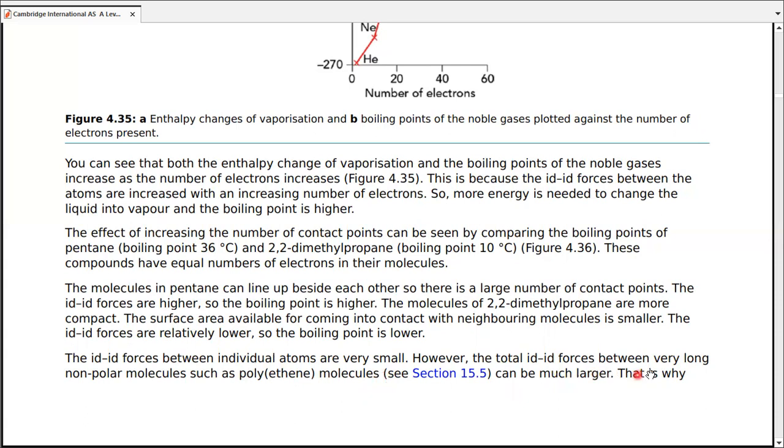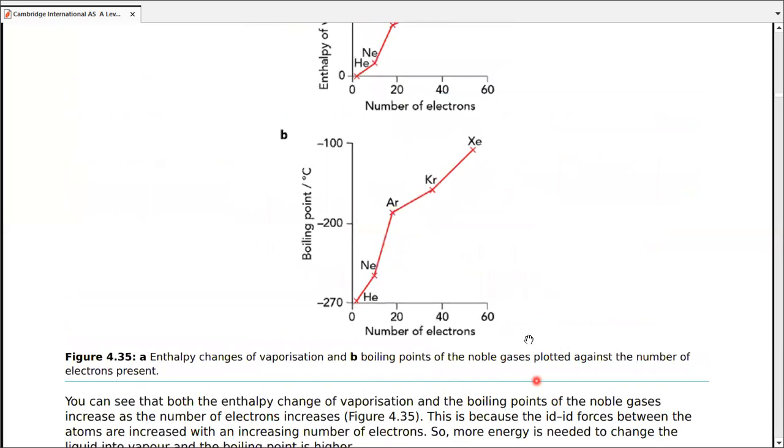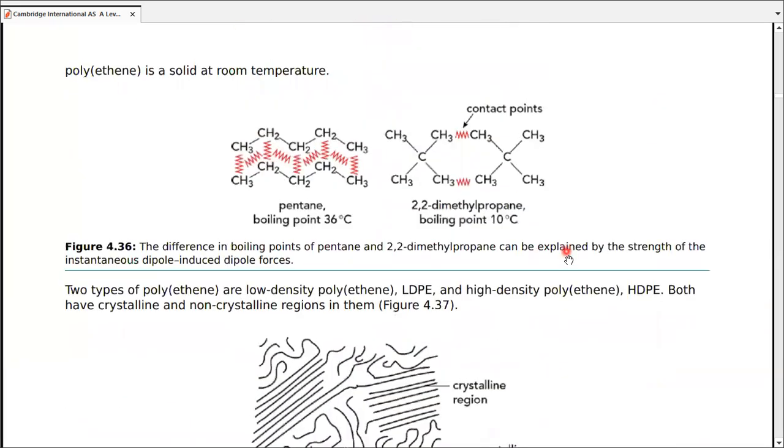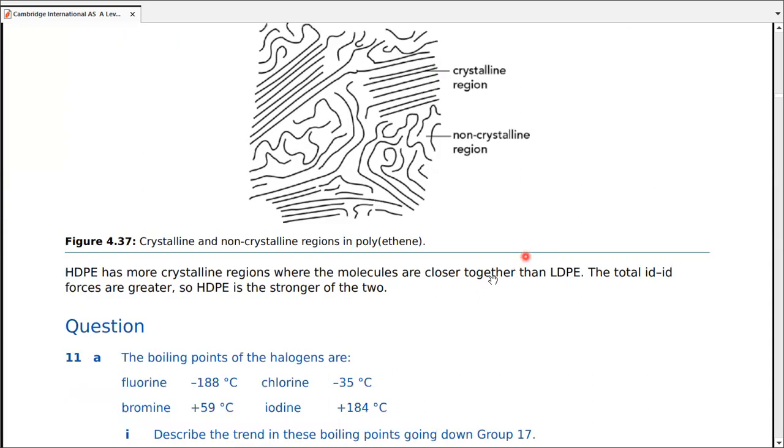However, the total IDID forces between very long non-polar molecules such as polymers, polythene can be a very good example, can be much larger, and hence can be shown this way. Hence, they exist as solids, be it LDPE or HDPE, they both exist as solid. HDPE is stronger of the two.